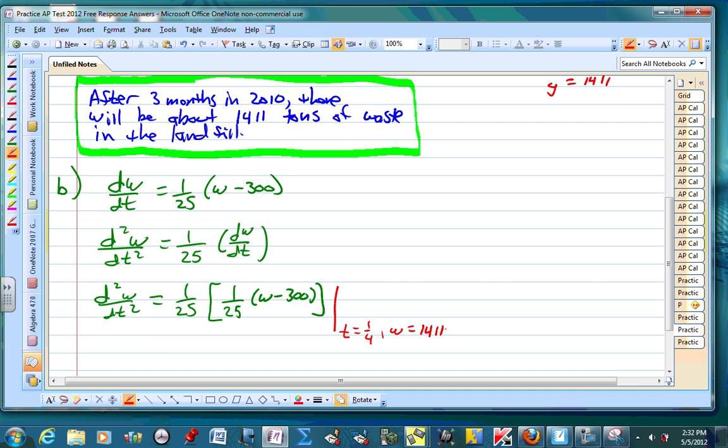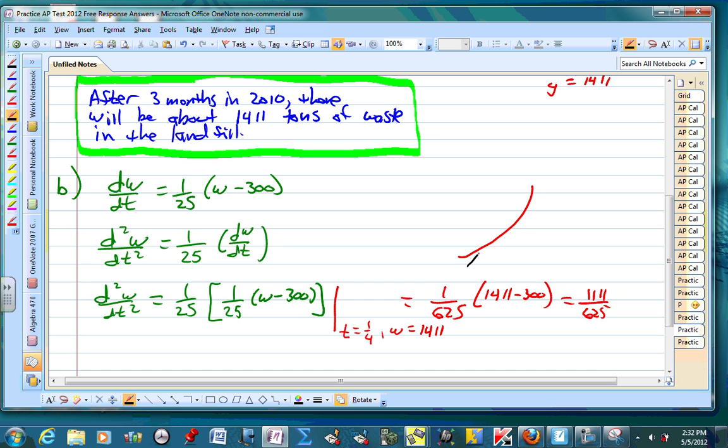So let's put 1,411 in for W. We're going to get 1/625 times 1,411 minus 300. Let's see, that's going to be 1111. That's kind of cool. Over 625, which is positive. Since our second derivative is positive, we know that the graph of our function is concave up.